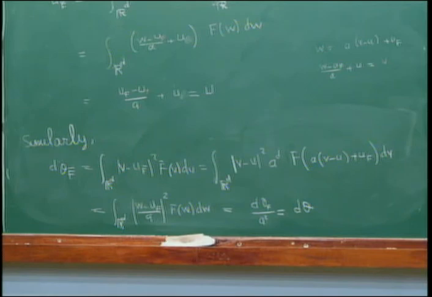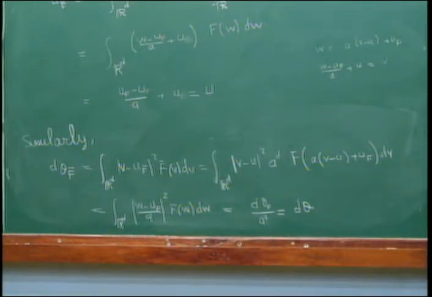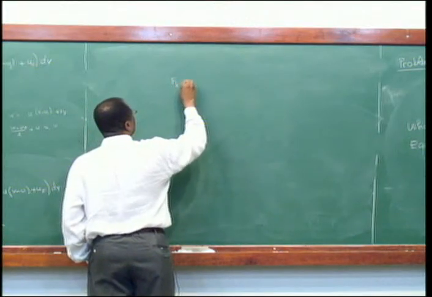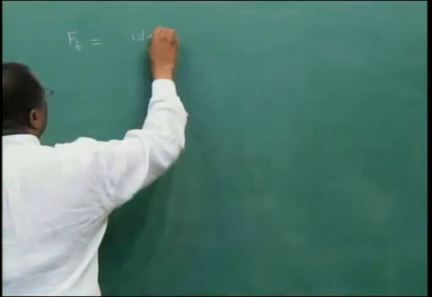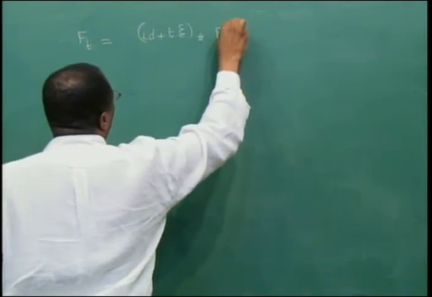So you see I have a very explicit formula. Now let us come back. I am not going to make this computation today, but let me tell you what needs to be done. F_t is identity plus t psi push forward f1.